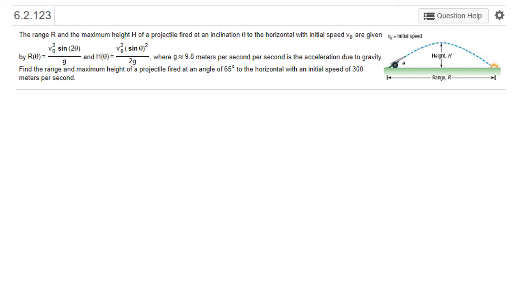So find the range and maximum height of a projectile fired at an angle of 65 degrees, so theta is 65 degrees, with an initial speed of 300 meters per second. So v naught is 300.